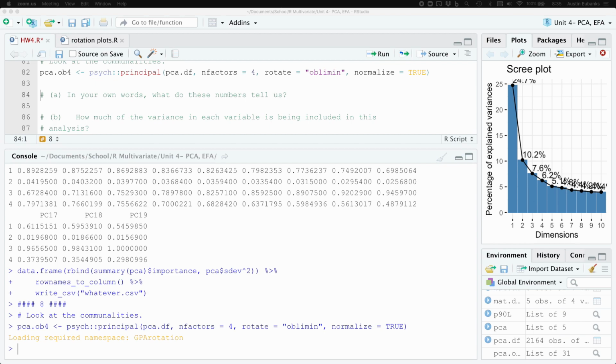In my notes I have, if it's greater than 0.3, we should use an oblique rotation instead of orthogonal. That's exactly right, Nia. So when we have correlations that exceed 0.3 or about 10% of overlap, right? Because if you square 0.3, you get about 10% shared variance.